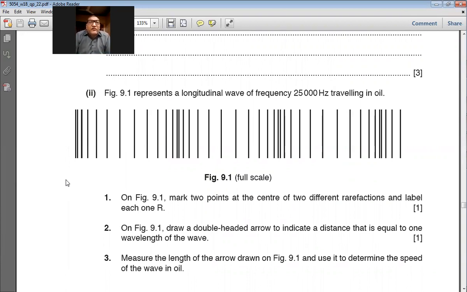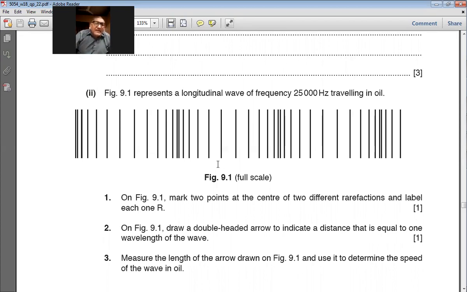On figure 9.1, mark 2 points at the center of 2 different refractions and label each one R. So this is the center of the refraction, here I will write R, and this is another center of refraction, R. Then draw a double-headed arrow to indicate a distance equal to 1 wavelength. So the distance from one center of refraction to the next will be equal to 1 wavelength, 1 lambda.